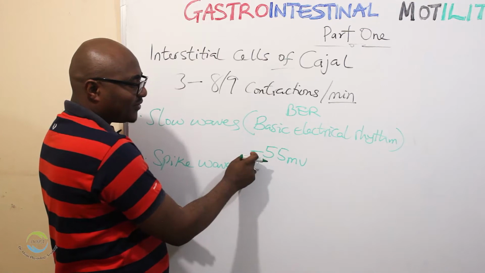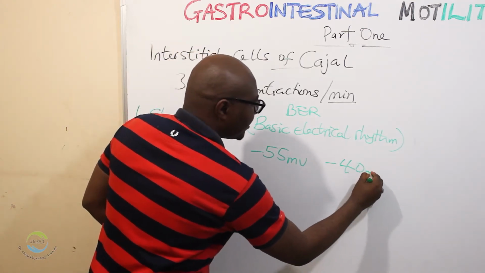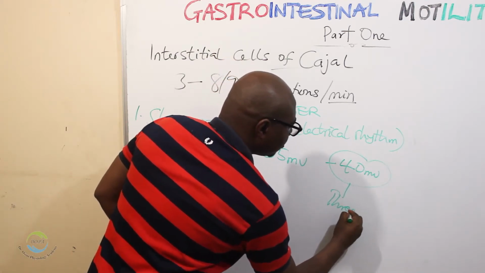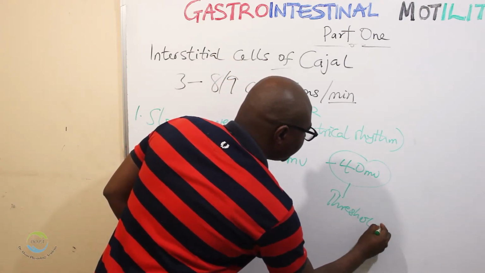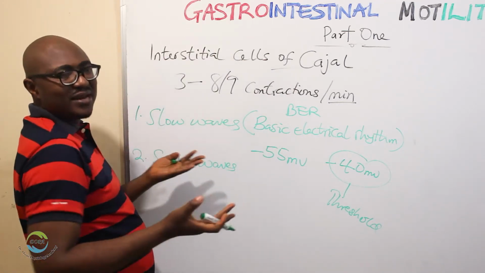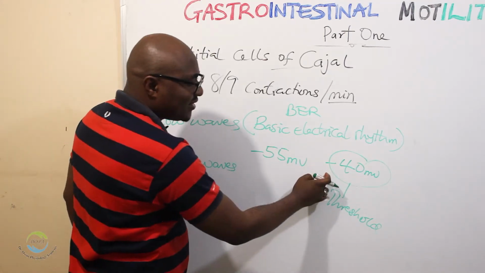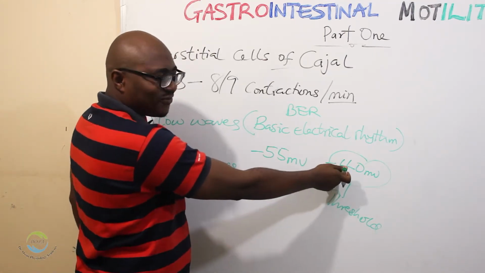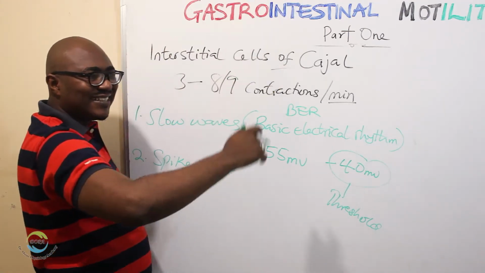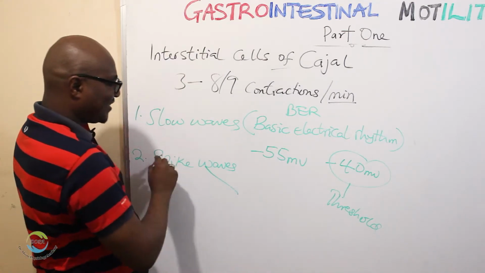So when you add 15, you get minus 40. Okay? So this is the threshold. So it depolarizes, but it may not lead to action potential. But once it depolarizes to the point where it reaches minus 40 millivolts, it leads to action potential.